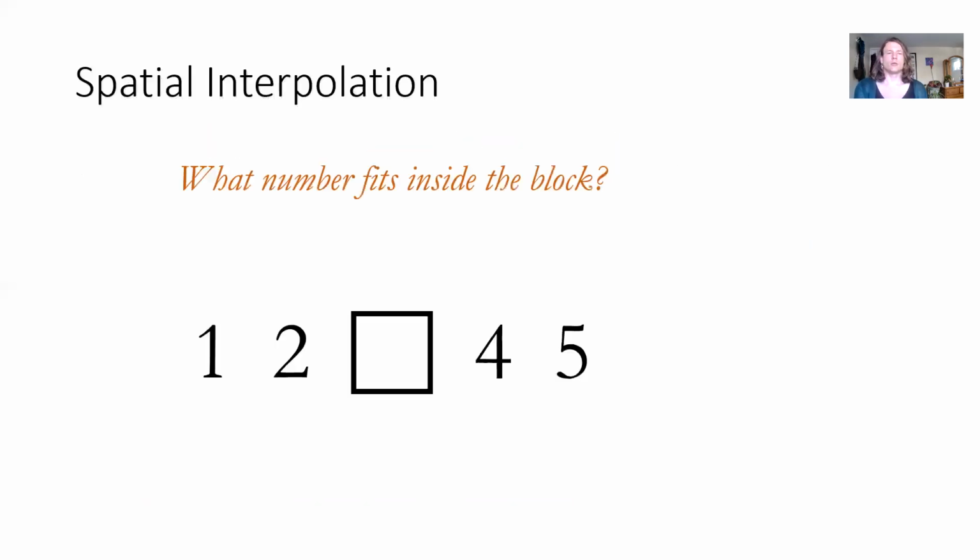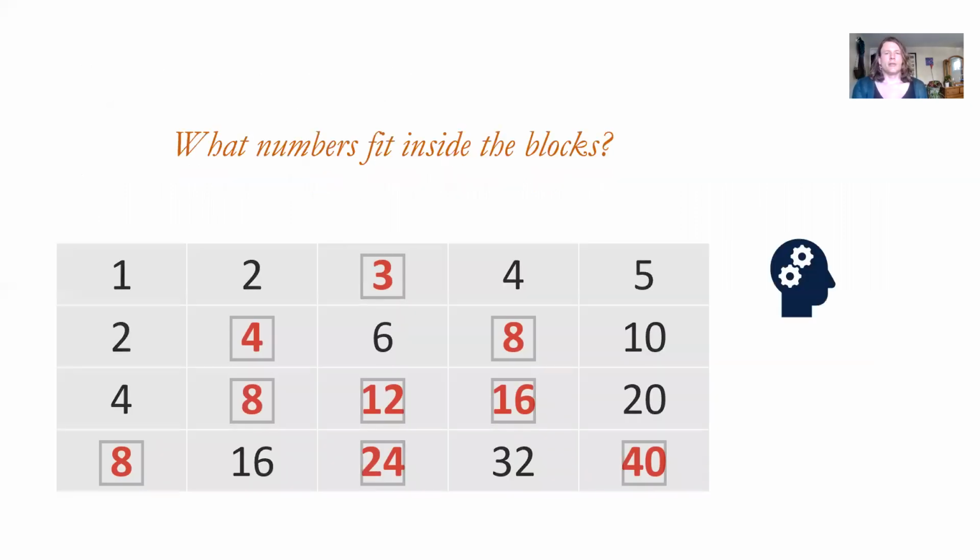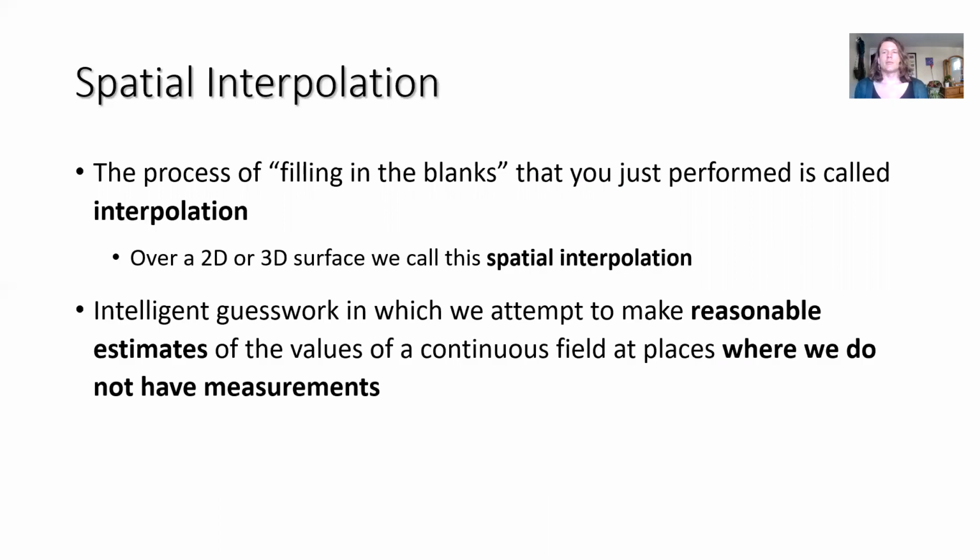So if you do it over one dimension, 1, 2, 3, 4, 5, that's known as linear interpolation. But if you do it over 2 or 3 dimensions, then we're going to call it spatial interpolation. Essentially, it's just intelligent guesswork where we attempt to make a reasonable estimate of values of a continuous field at a place where we don't have measurements.